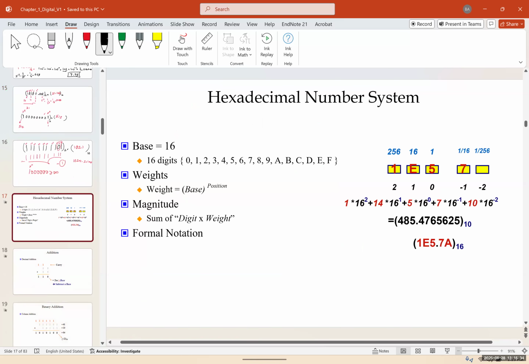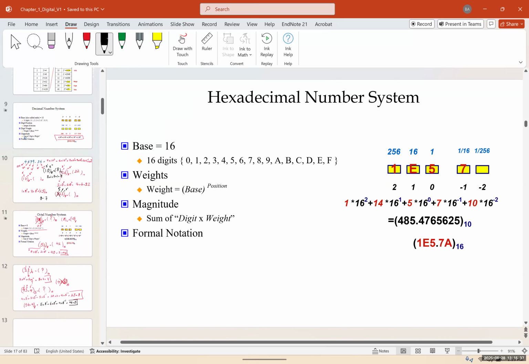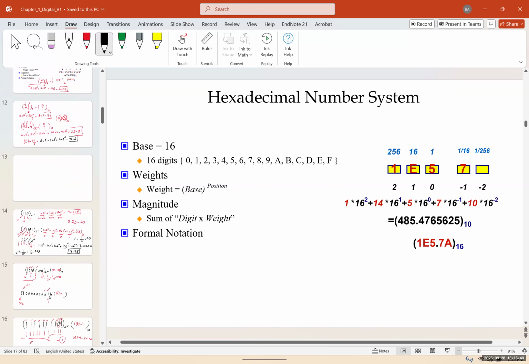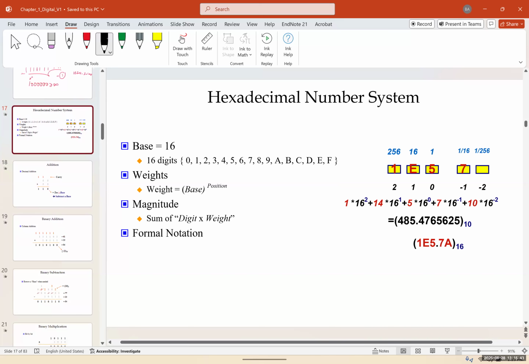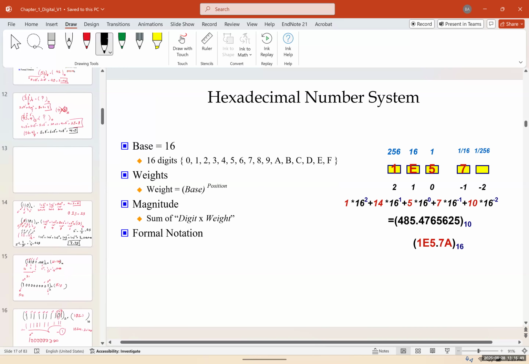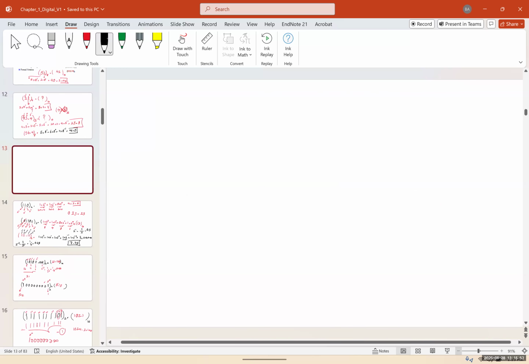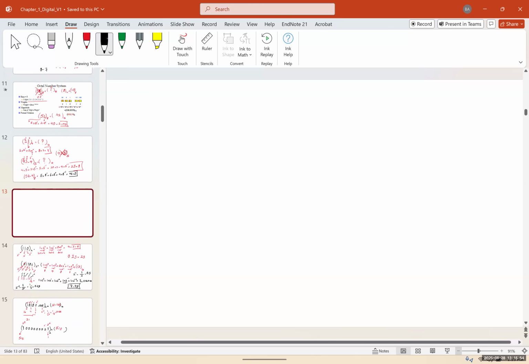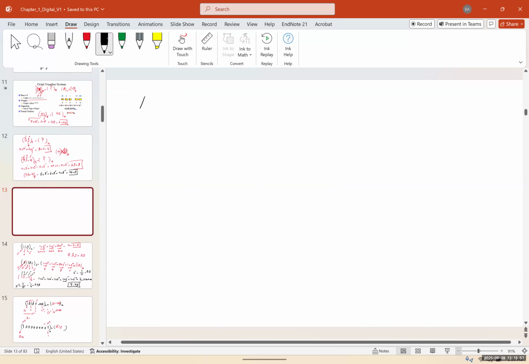Let's go to binary. For a binary number, or a base of 2, how many digits do we have? We have 2 digits. What are our digits? 0 and 1.